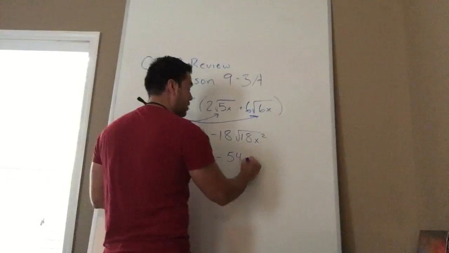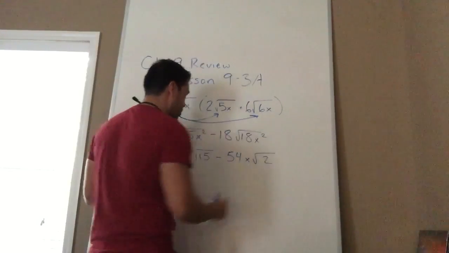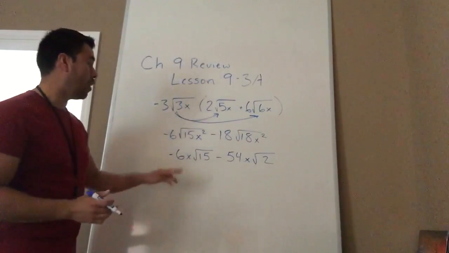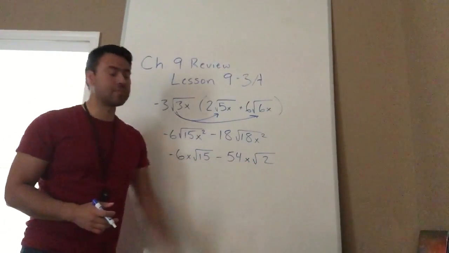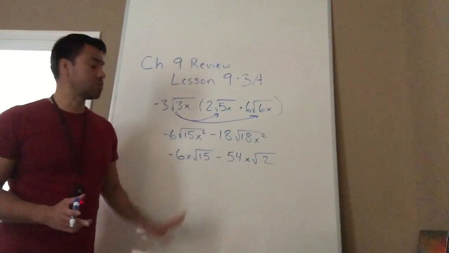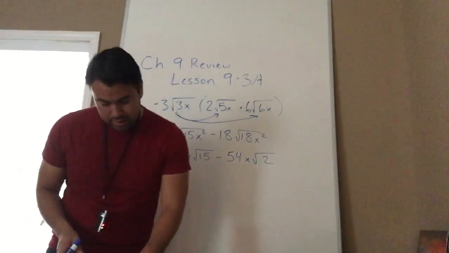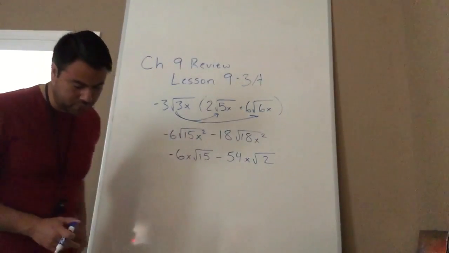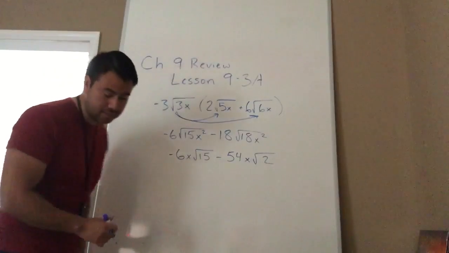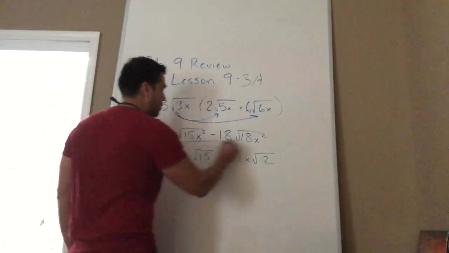And then the x also comes out. And I'm left with the square root of 2. Although these do have the same variable, they don't have the same square root, so we don't combine them any further. And so that's what we're going to be left with. -6x times the square root of 15 minus 54x times the square root of 2. So that would be the answer there.